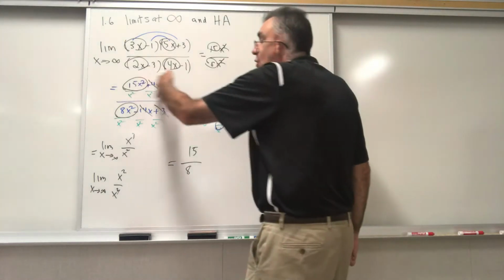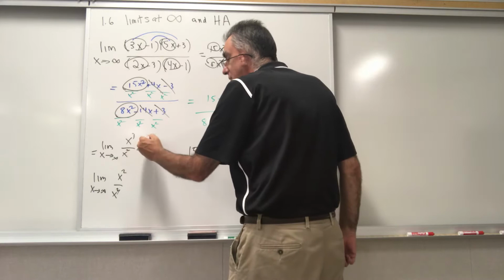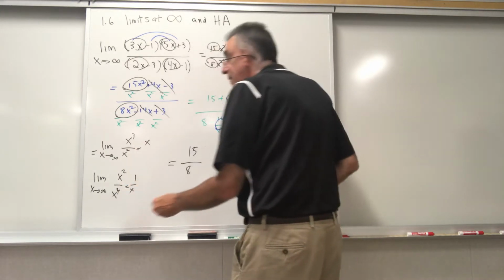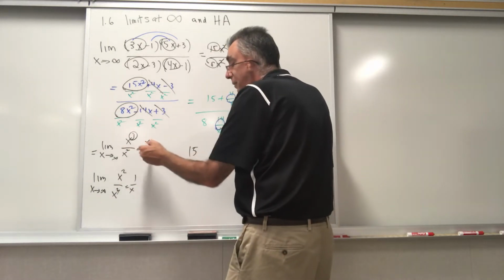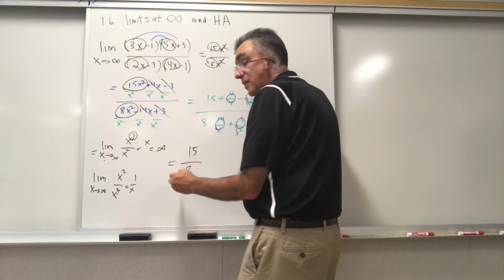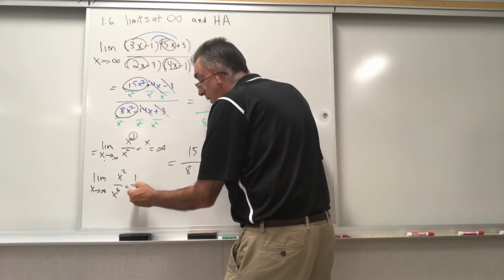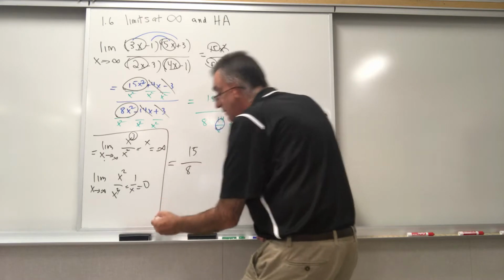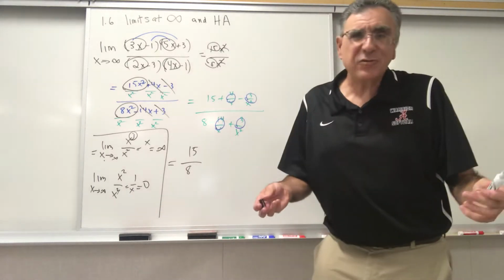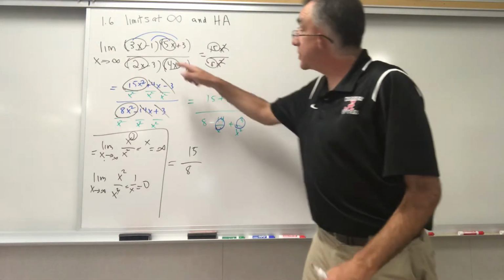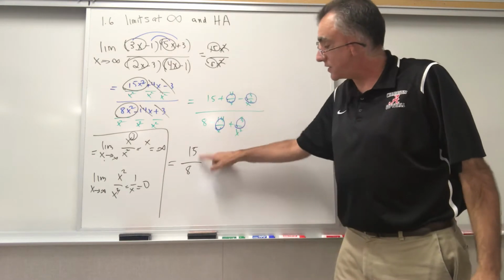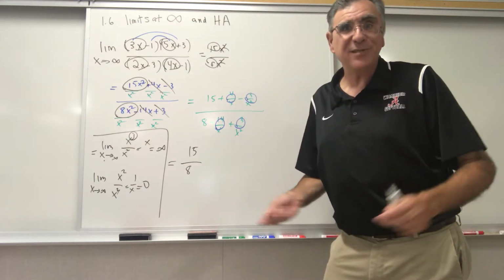Instead of whole polynomials, that's just going to be x, and that's just going to be 1 over x. If the higher power is on top, it's going to go to infinity. If the higher power is on the bottom, it's going to go to 0. It's generally more interesting and more likely to see questions where the power is exactly the same, so you start getting these nice fractions, okay?